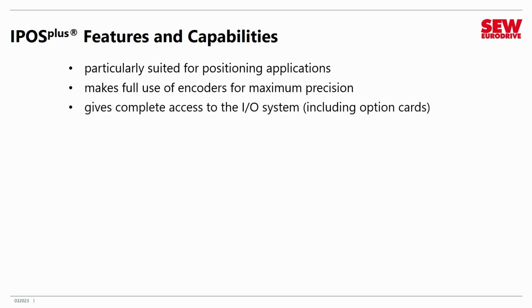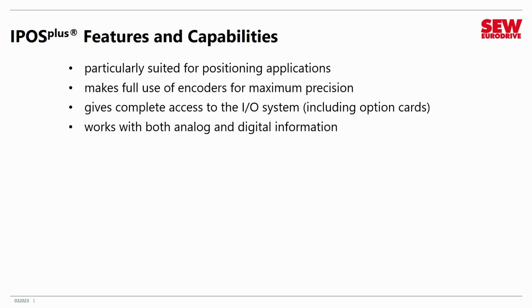IPOS gives complete access to the input-output system, the I/O system, and that includes any option cards that you have installed in the VFD that maybe expands the I/O beyond the built-in capabilities. IPOS works with both analog and digital information. If you have analog inputs and outputs, you can work with those. If you have digital inputs and outputs, you can work with those.